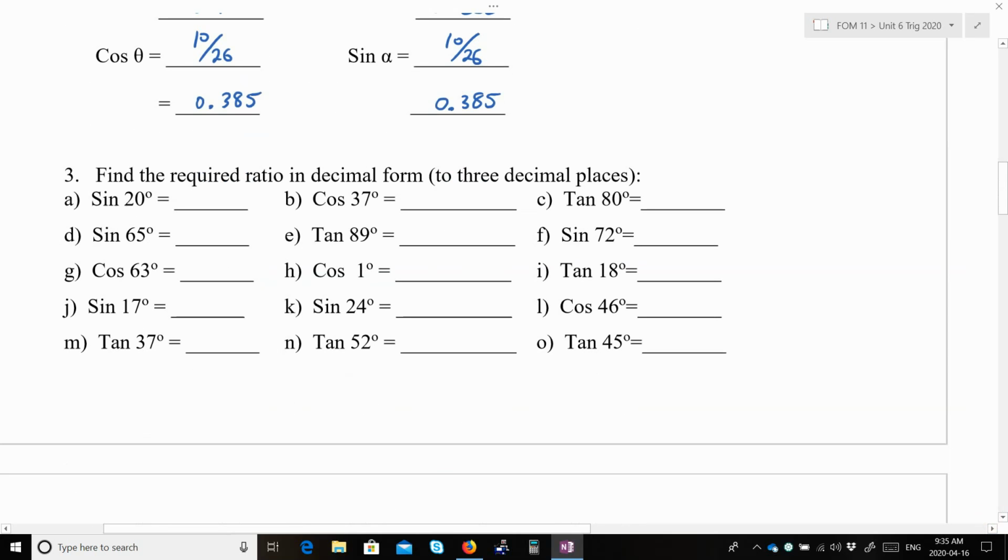So you have to have your calculator in degree mode because all of the angles are in degrees.